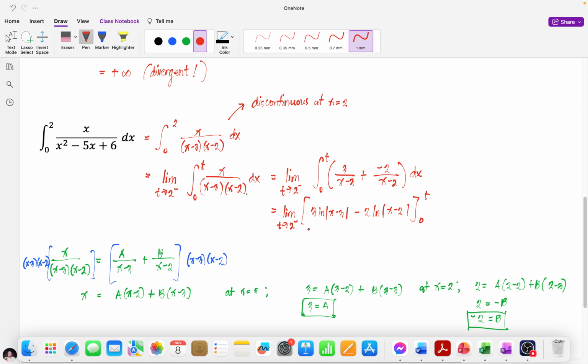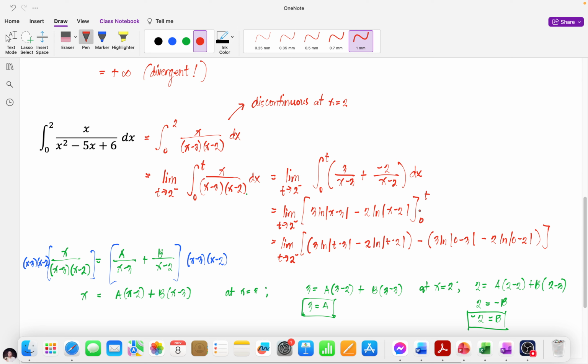Okay? So from that, substituting t, we have the limit of 3 ln of absolute value of t minus 3 minus 2 ln of absolute value of t minus 2 minus 3 ln of absolute value of 0 minus 3 minus 2 ln of absolute value of 0 minus 2, as t approaches 2 from the left.